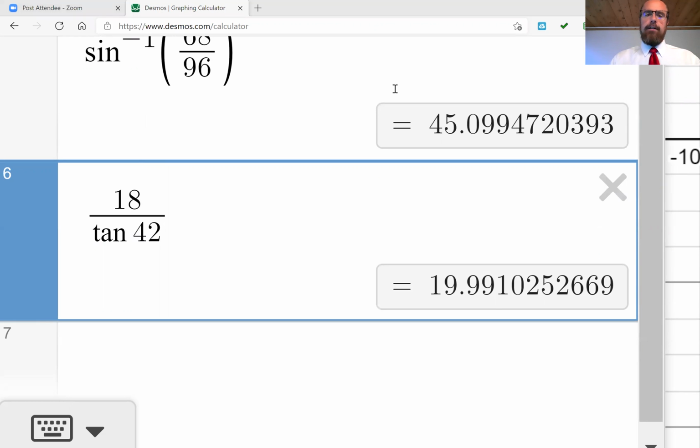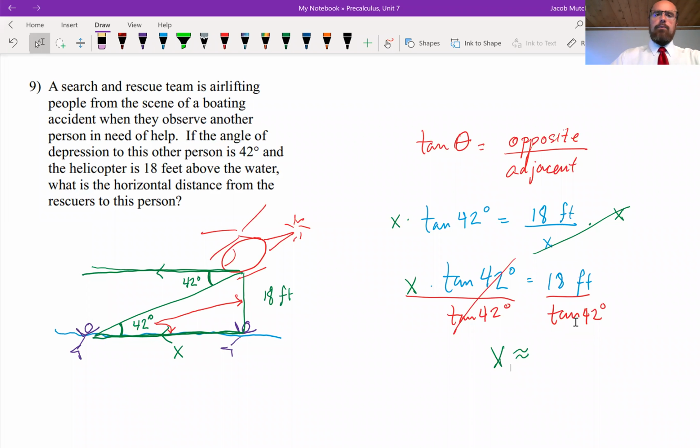We'll head back to finalize that answer. X equals about 20 feet. And I can see that's my units because the only unit I had on that previous step was feet. Tangent 42 degrees is just a number. It's just a ratio.